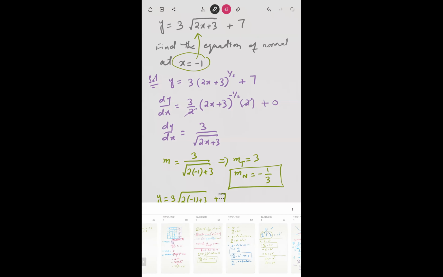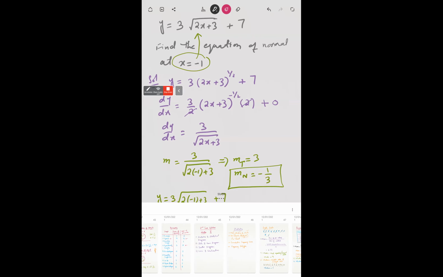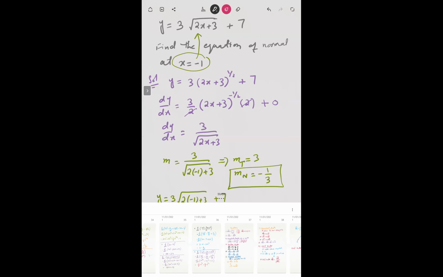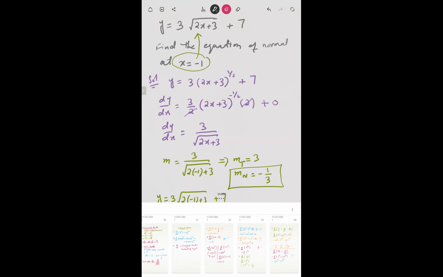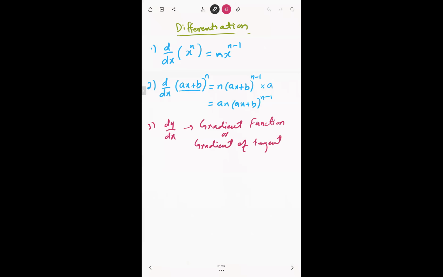So now in this topic, we have covered the two rules of differentiation. Then the third thing, we know dy by dx represents the gradient function or gradient of tangent. Fourth, we have learned the equation of tangent as well.